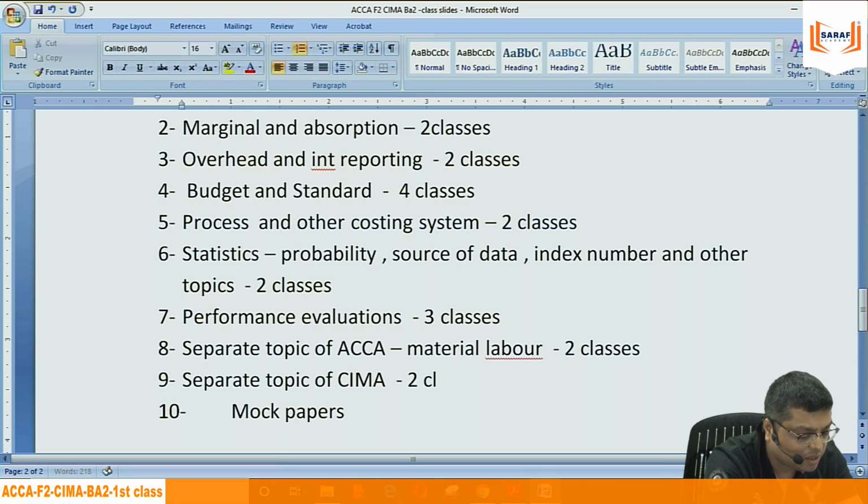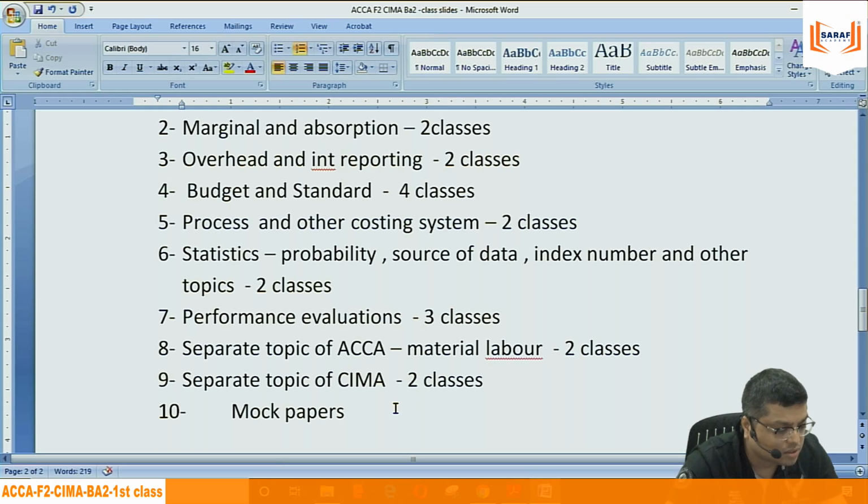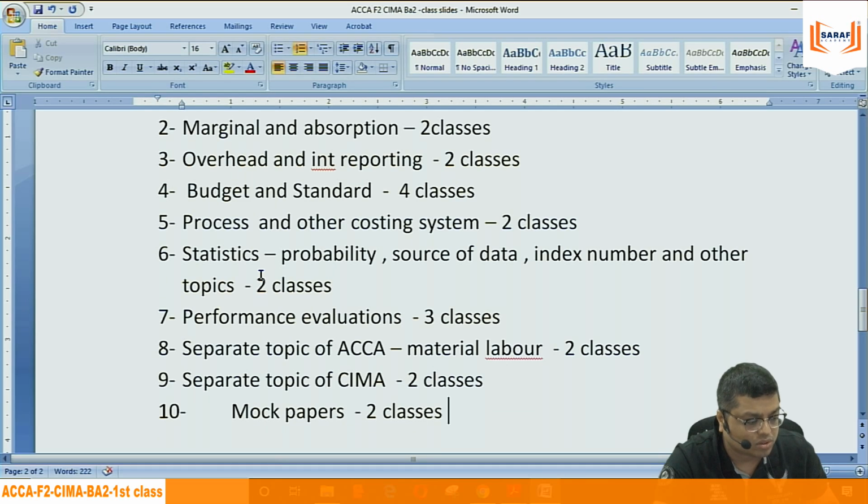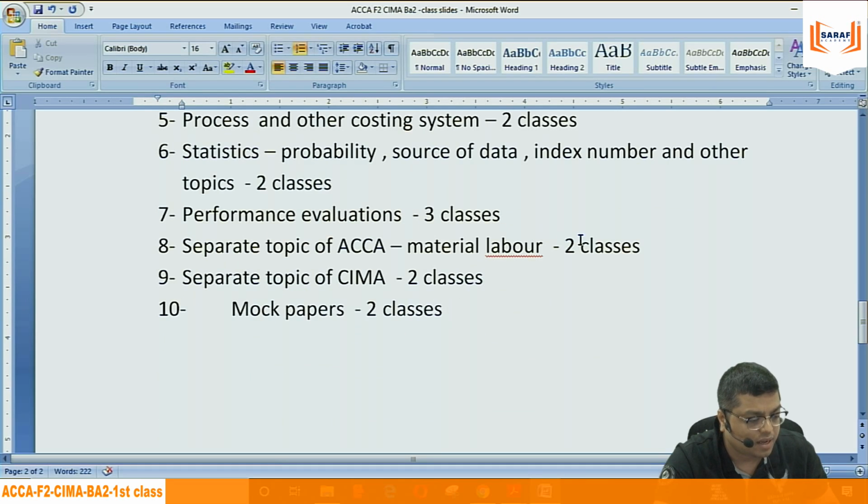Separate CIMA topic, 2 classes. Mock paper, 2 classes. Adding it up gives about 23.